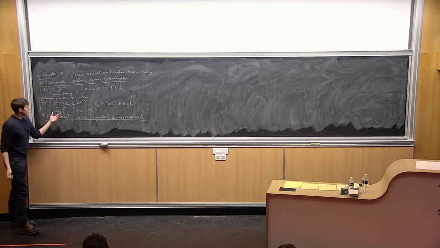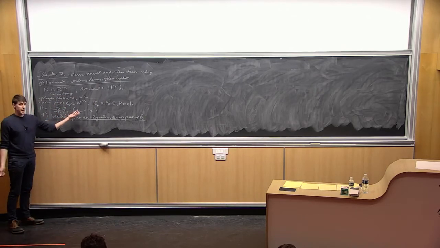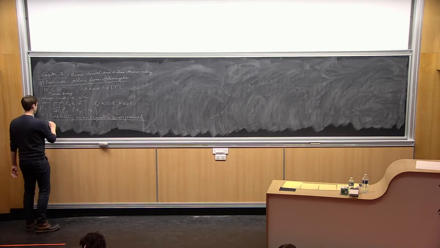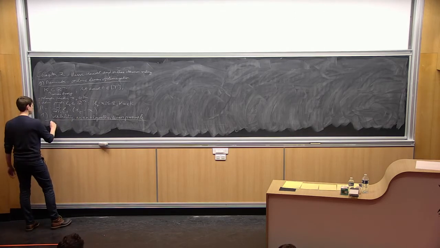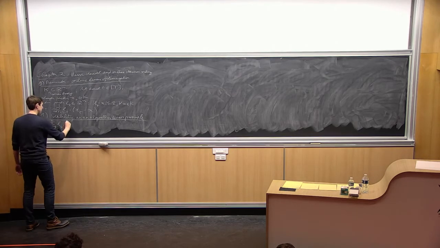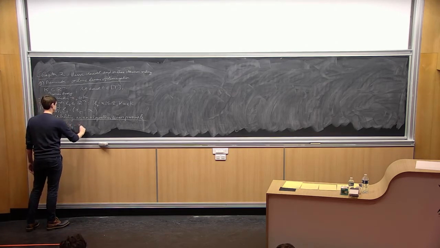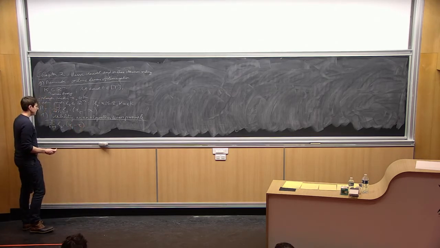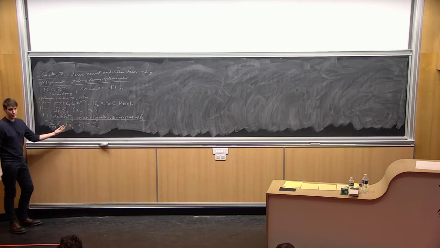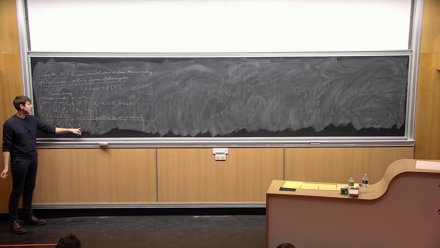You remember the key point was to look at the L1 norm of x_t minus x_{t+1}. So now what we want to do, I'm just going to enforce this as follows. Let's say we have the sum for t equals 1 to capital T of l_t dot (x_t minus x). Then I can just introduce the term x_{t+1}. Before we had that in expectation, x, which was x star, was equal to x_{t+1}.